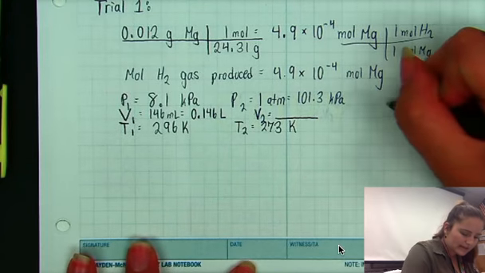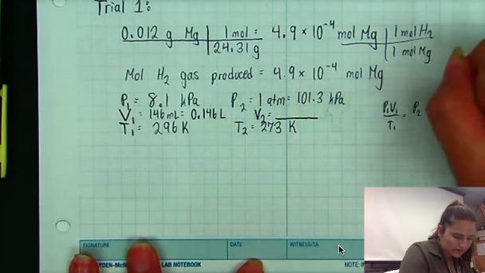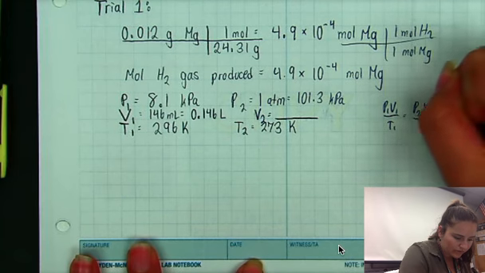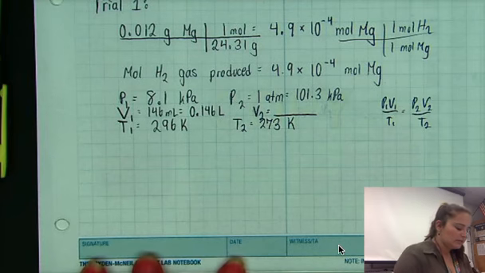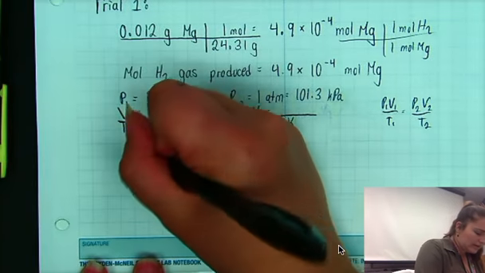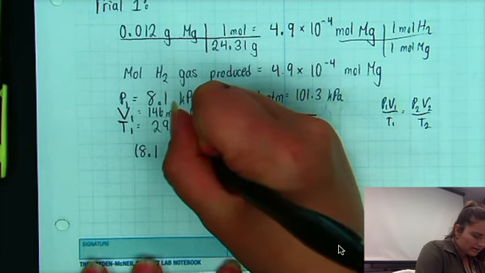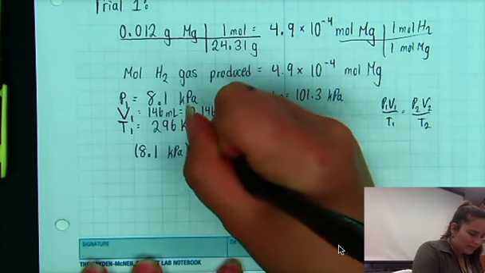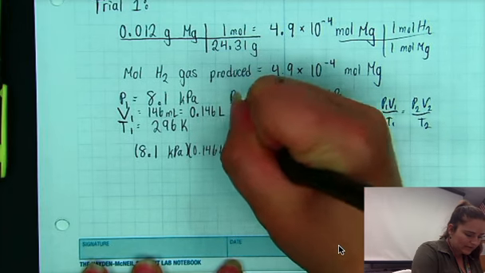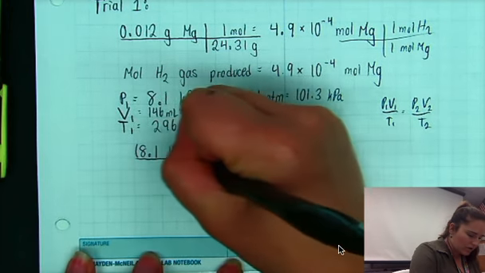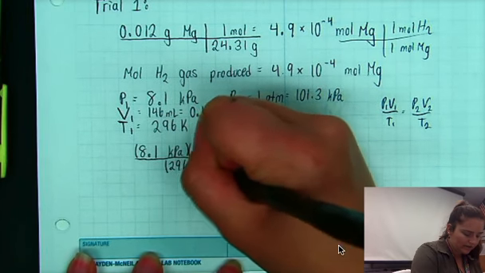Remember the ideal gas law is P1 V1 over T1 equals P2 V2 over T2. So my pressure 1 is 8.1 kPa times my volume 1, 0.146 liters, over my T1, which is 296 Kelvin.